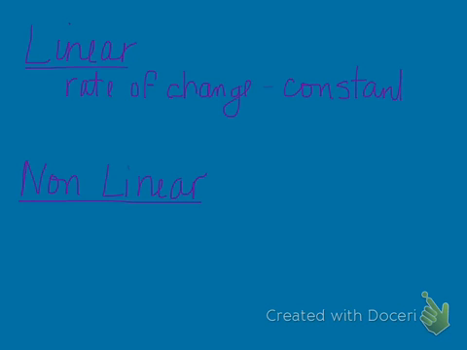So no matter what 2 points we pick on that function, the rate of change will always be the same. For nonlinear, the rate of change is not constant. Okay, it changes. And we saw that in all 3 of those examples.